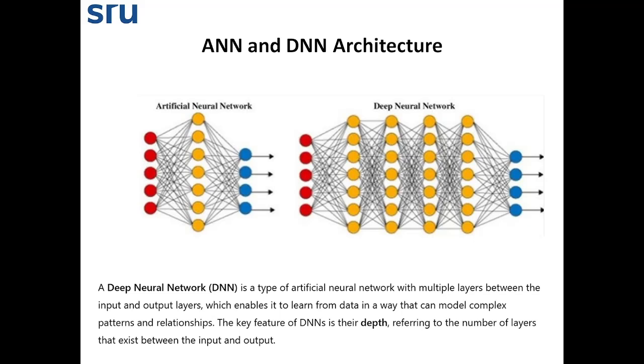But when we consider deep neural networks, this is the input layer and this is the output layer. Between the input and output layers there is more than one hidden layer, which is shown in the figure.